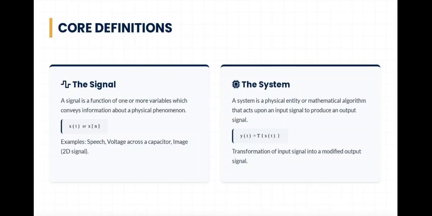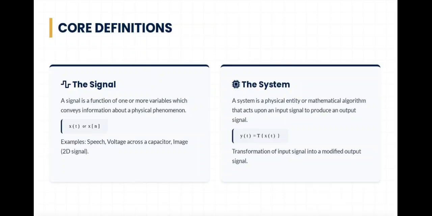Mathematically, we represent signals as x(t) for a continuous time signal and x[n] for a discrete time signal. Now, coming to a system. A system is something that acts on a signal and produces another signal. It can be a physical device like a filter, amplifier or a sensor, or it can be a mathematical operation or algorithm.